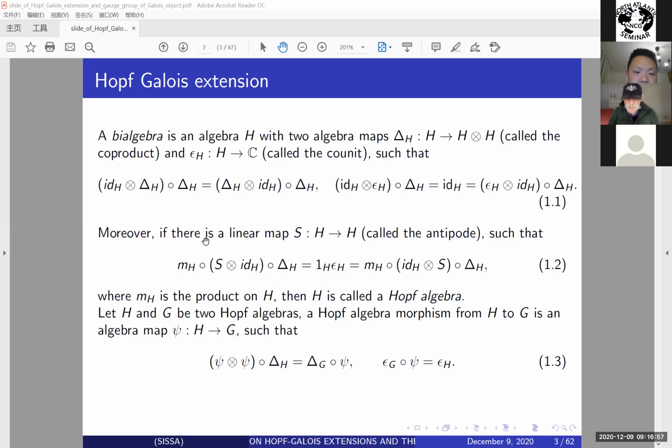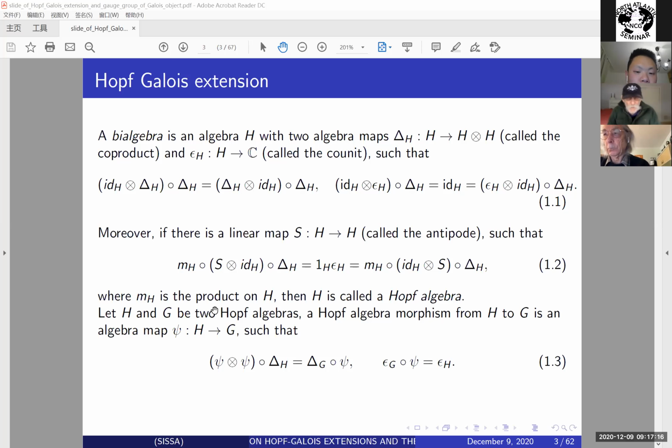And moreover, if there is a linear map S from H to H such that it satisfies 1.2, which means the convolution product of S and the identity of H is equal to ε_H times 1_H, then we call this bialgebra a Hopf algebra.